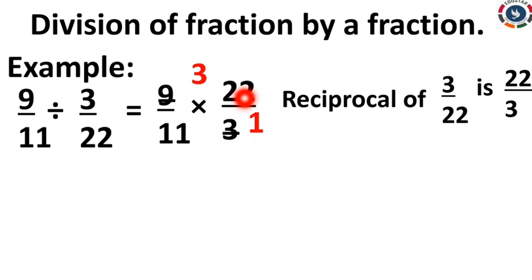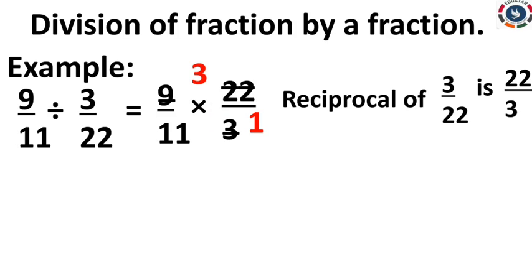Then I go to the next numbers, 22 and 11. Both values come in the 11 table. So cancel 22 divided by 11 and 11 divided by 11. How many times is 11 there in 22? 2 times.